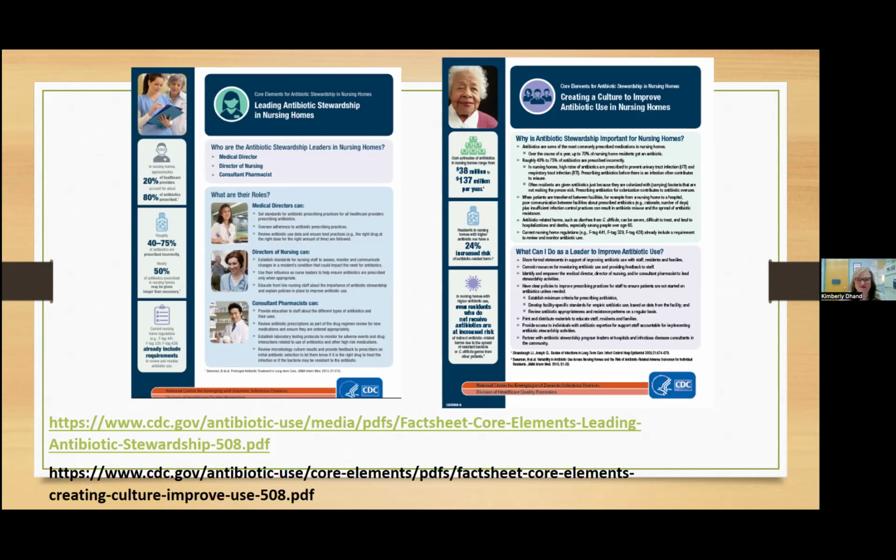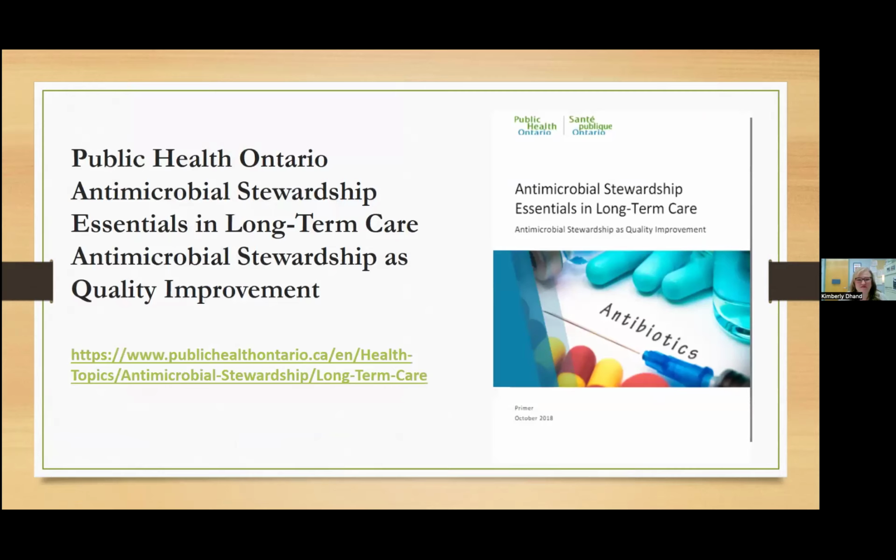So next slide. This is the Public Health Ontario Antimicrobial Stewardship Essentials tool that we used. Basically this tool and the website are, from what I can tell, really heavily based on the CDC recommendations. The really nice thing about the Public Health Ontario recommendations is that it's, not the best word probably, Canadianized.